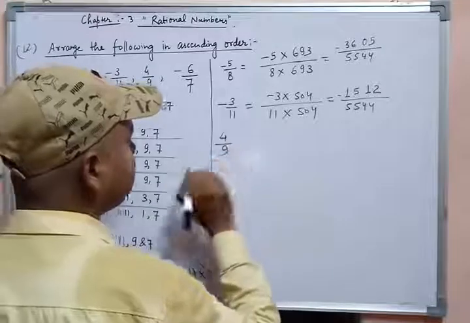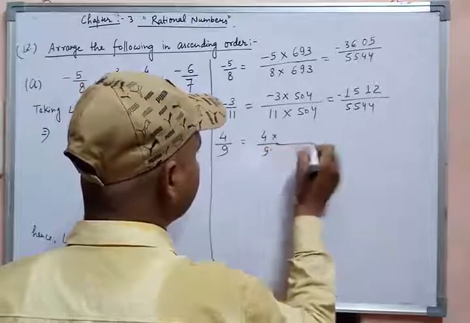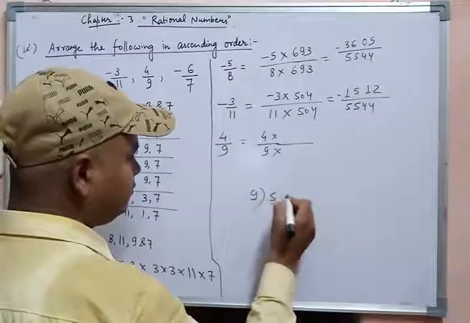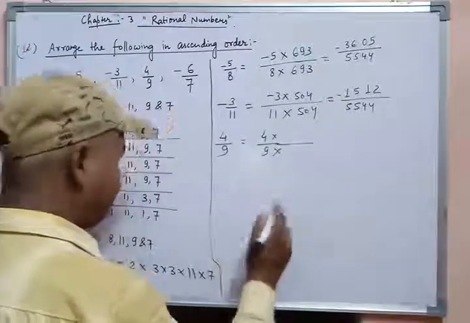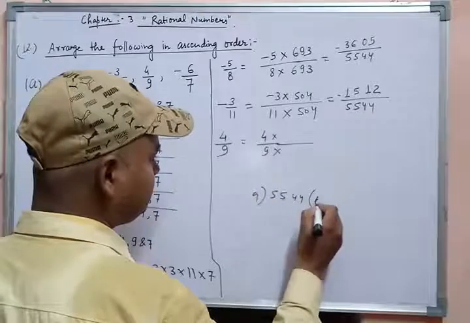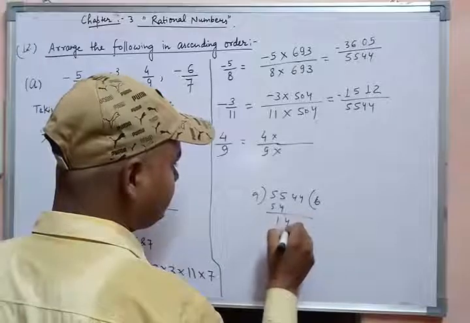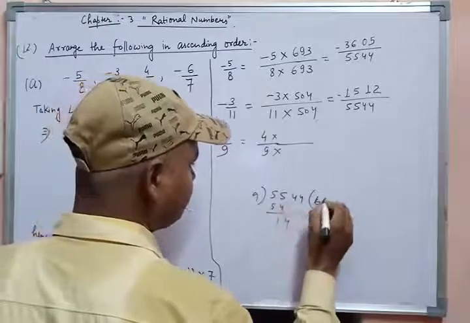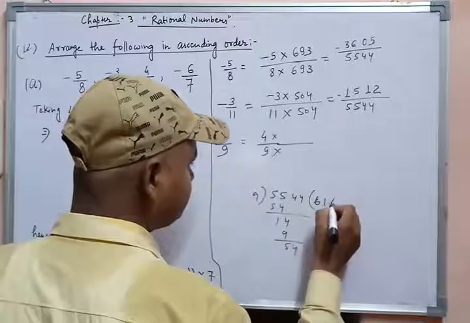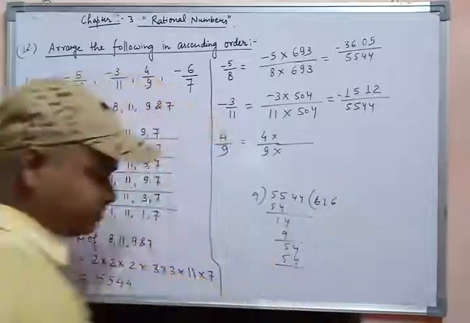Now 4 upon 9, here we can write 4 upon 9 multiplied by, first of all you have to divide 5544 by 9, which gives 616.